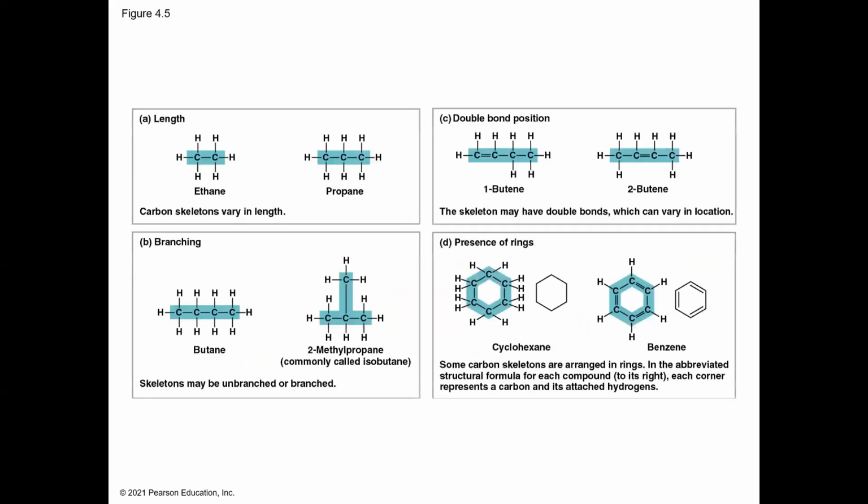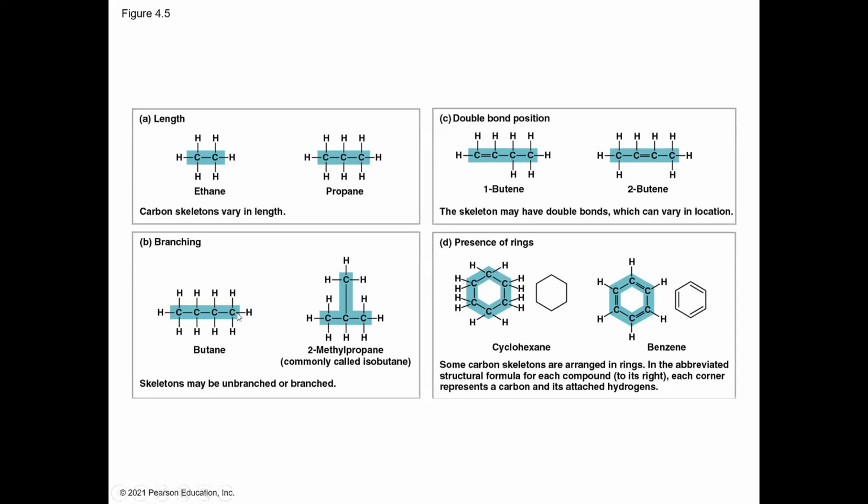Carbon chains can vary in length and shape. For example, the length can be different. You can add on carbons to the lengths. For example, ethane has two carbons, propane has three. You can keep adding on more and more. The length, I don't know the actual chemical limit, but it can get very long.